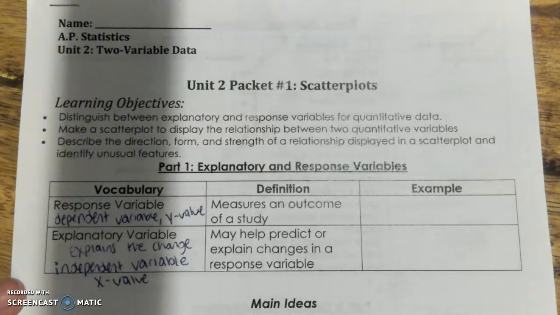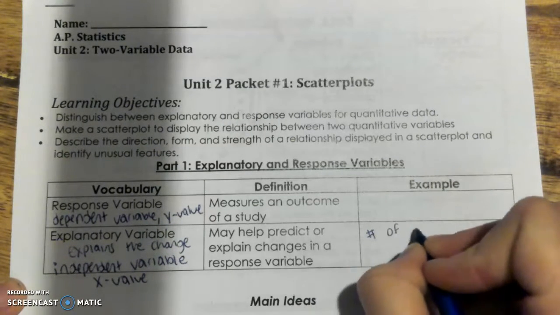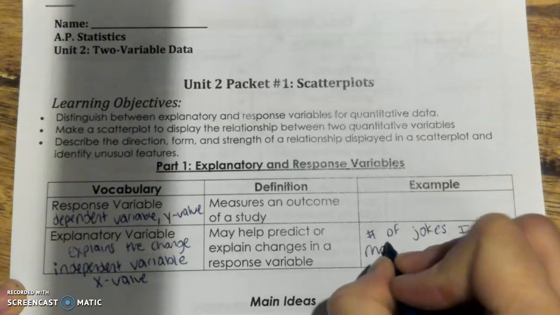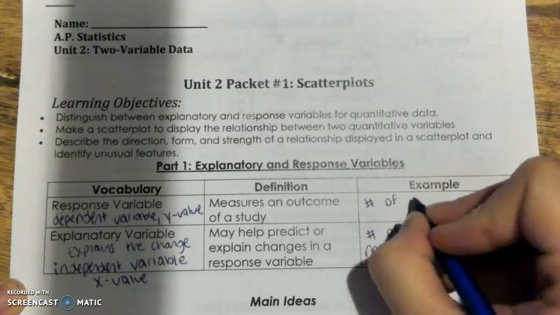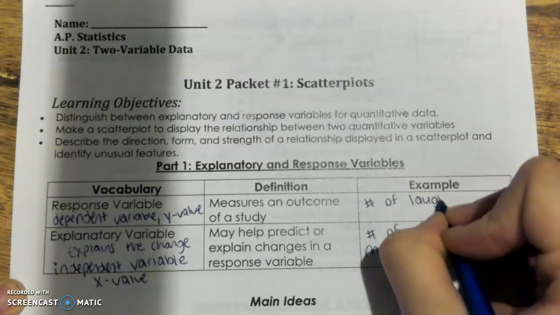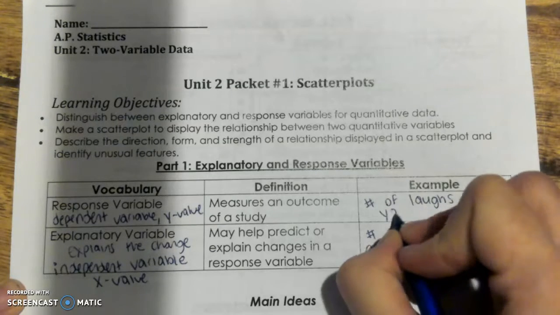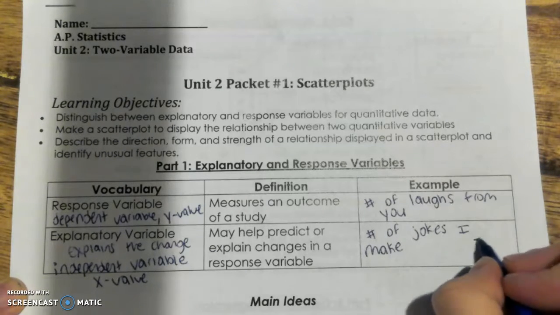And we're going to assume I am funny. That's an assumption you must make. I'm sorry about that. So what comes first, the jokes or the laughing? The jokes. Number of jokes I make, number of laughs from you. The jokes explain the laughs, right?